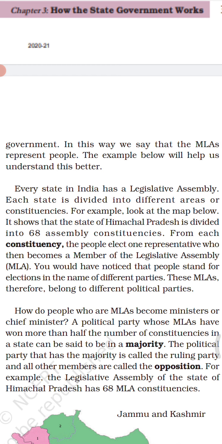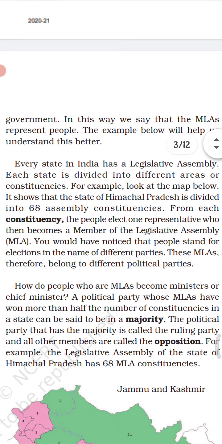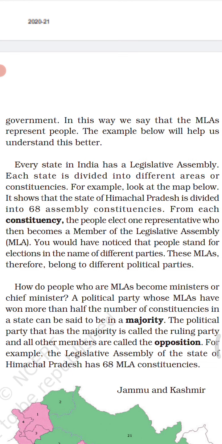So how does this legislative assembly work? The candidates from the different parties contest the election. There are some independent candidates also, and after winning in the elections, the majority party forms the government.